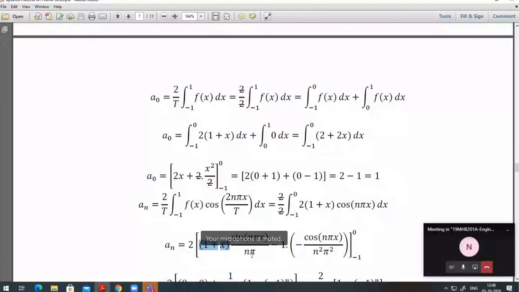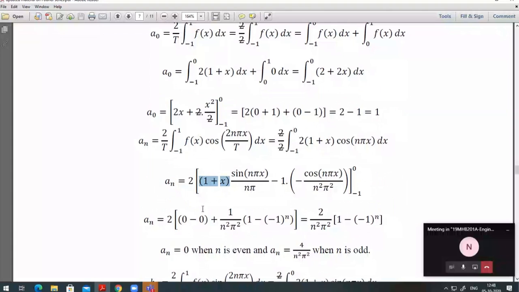When you put the upper limit, sin 0 is 0. When you put the lower limit, you get sin n pi, which is 0. So for both the upper and lower limit, this term is 0.